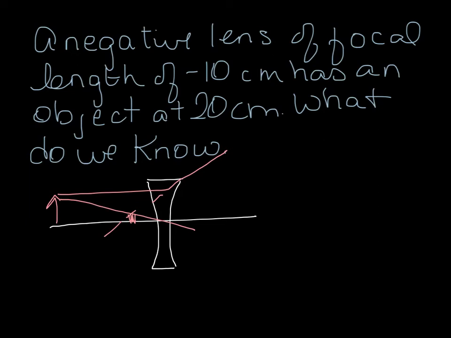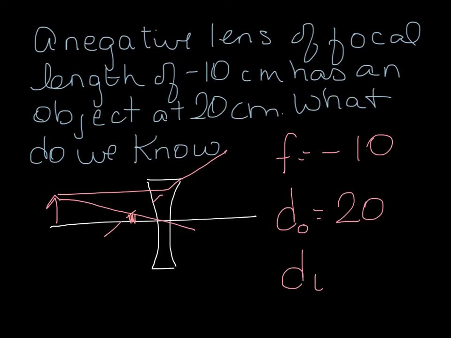So what do we know? We know focal length is negative 10. We know distance of the object is 20. Distance of the image is an unknown. But we do know it is a virtual image.